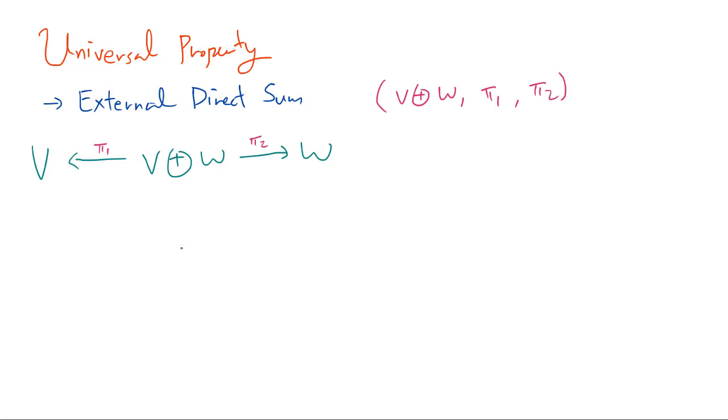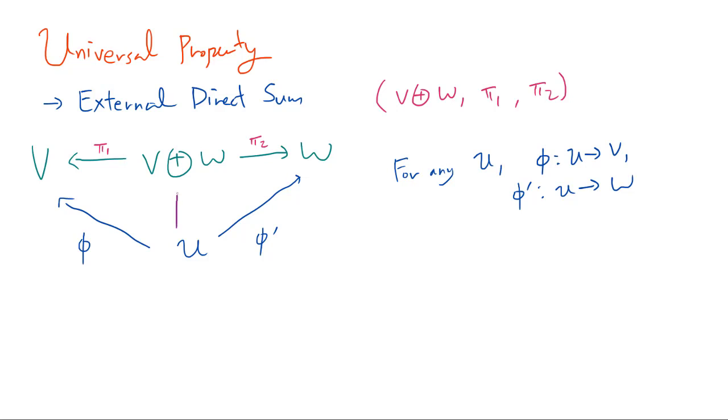And how we can proceed is as follows. Note that for any vector space U, and for any linear maps going from U to V and U to W, say phi and phi prime, there is a unique linear map, say psi, going from U to V plus W, such that if you apply psi, then you apply pi1, that's going to be the same as applying just phi.